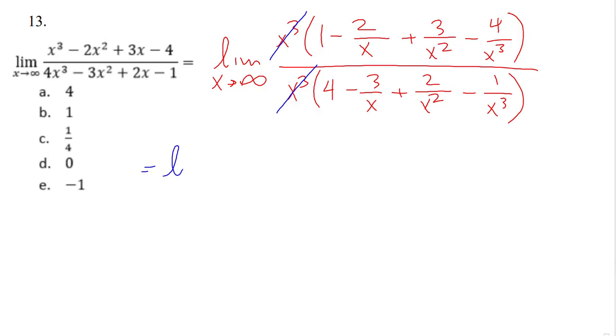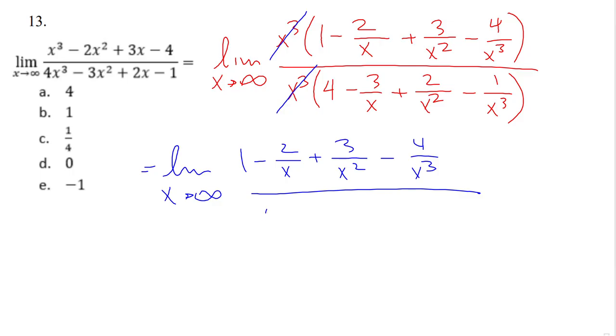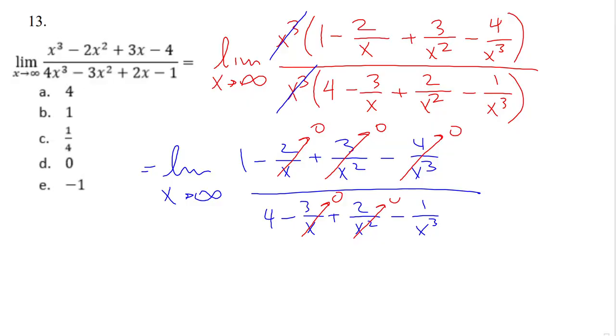And so we end up with the limit as x approaches infinity of 1 minus 2 over x plus 3 over x squared minus 4 over x cubed, over 4 minus 3 over x plus 2 over x squared minus 1 over x cubed. As x goes to infinity, all these terms with x or x squared or x cubed in the denominators go towards 0, and we're just left with 1/4.